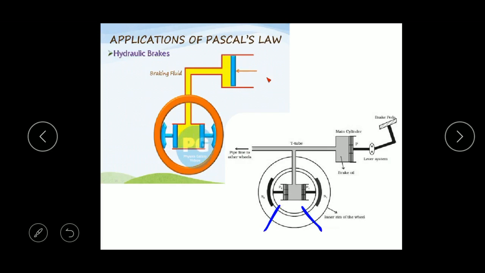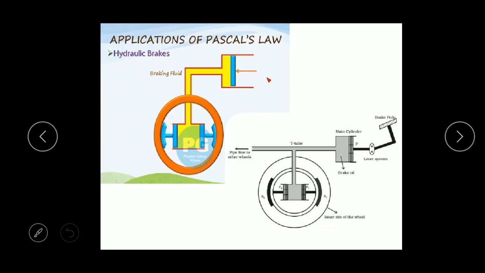Due to this pressure, the pistons P1 and P2 move outward, and hence force the brake shoes to expand outwardly. These brake shoes press against the inner rim of the wheel and retard the motion of the wheel.